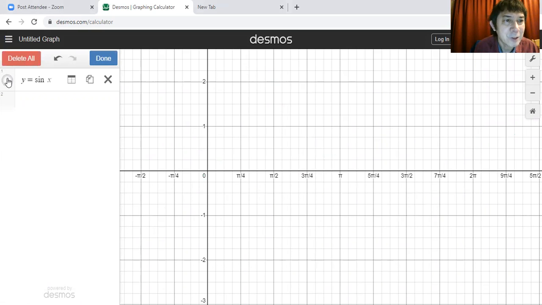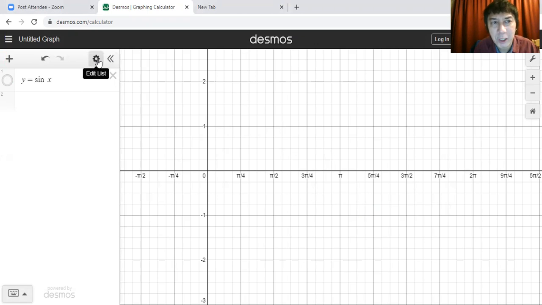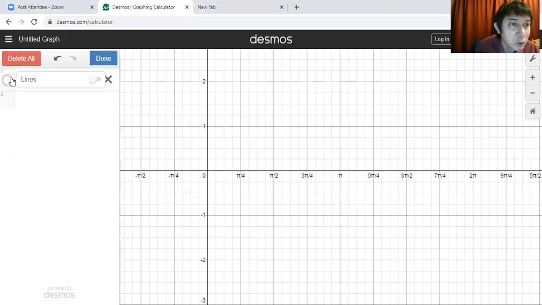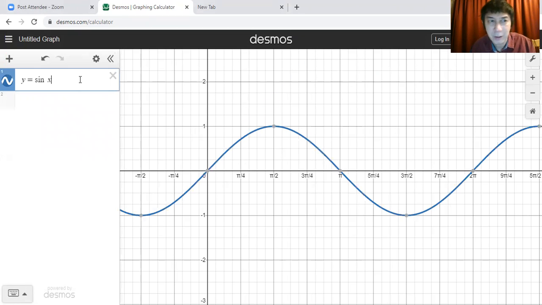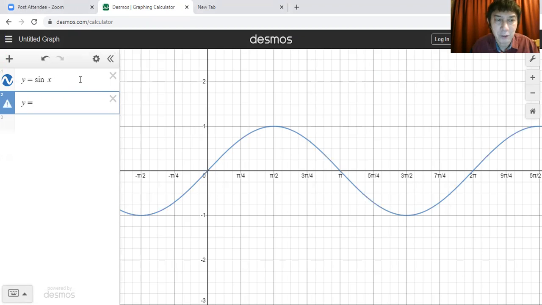Let me start from the beginning. Say y is equal to sine x, and then we shall make use of another y is equal to sine x.